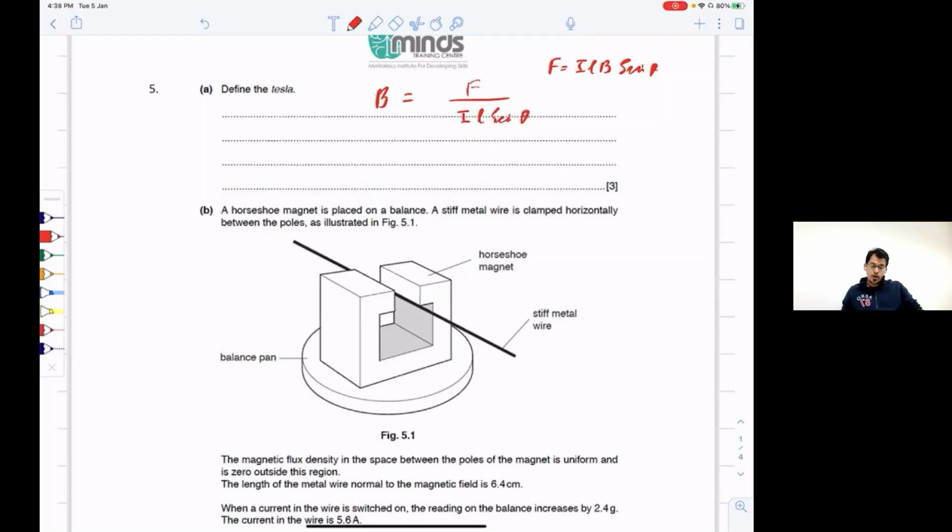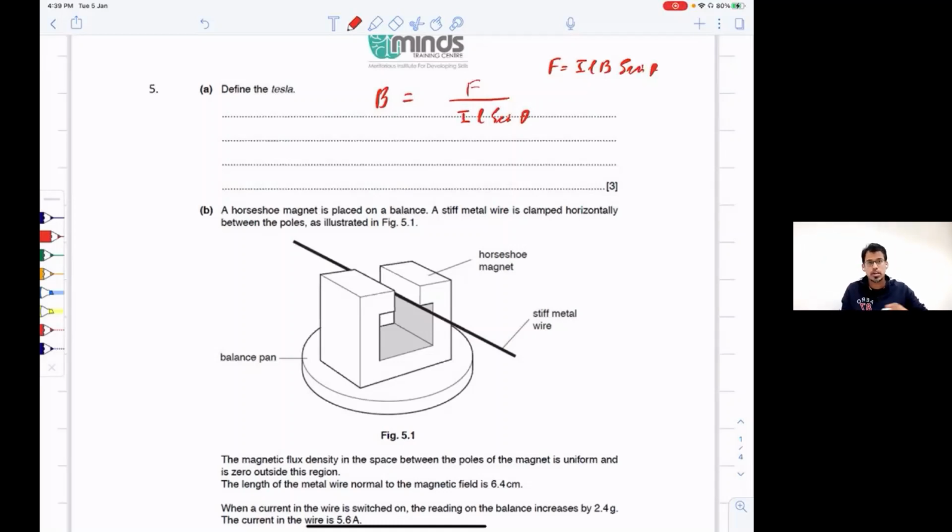So how did we define one Tesla? One Tesla is the magnetic field of induction when a force of 1 Newton is applied on a conductor of length 1 meter carrying a current of 1 ampere placed perpendicularly to the field. This perpendicular to the field is very important.